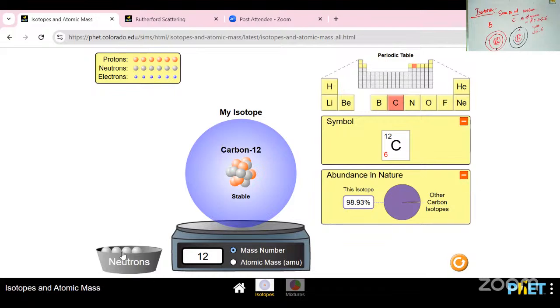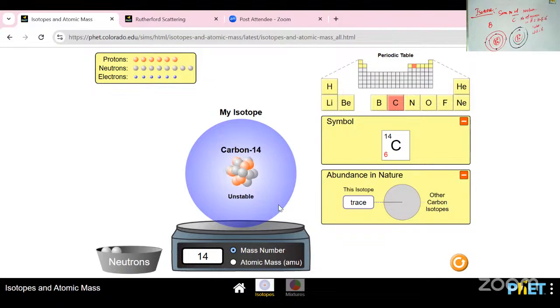And then adding one neutron gives carbon 13, which is the second carbon isotope. So this is an example of an isotope. Here I want to add one more neutron, which gives the unstable carbon 14 isotope.